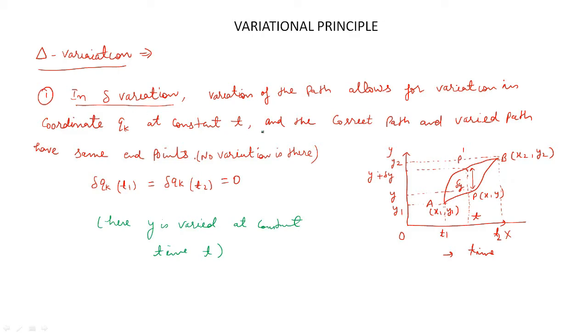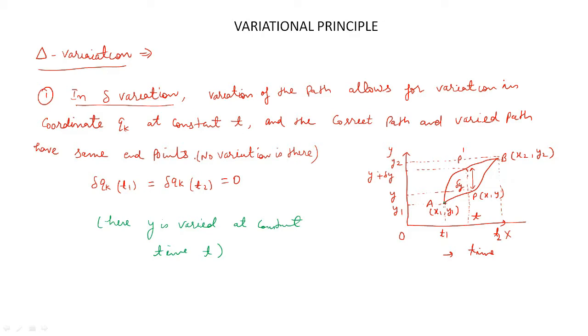In the first delta variation, we can see that the variation of the coordinates is allowed at the same time, and in the actual path APB and the varied path AP'B, you can see that at the endpoints there is no variation in the position coordinates. So this type of variation is known as the delta variation.